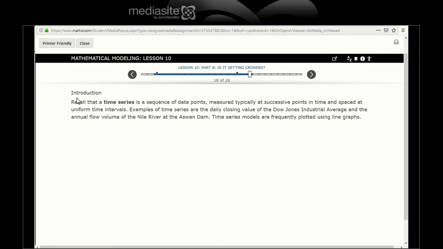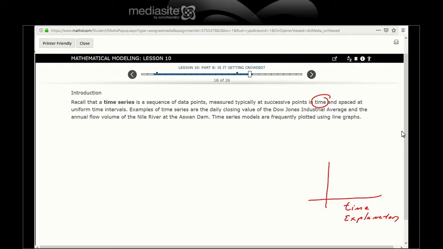We call that a time series: a sequence of data points measured typically at successive points in time. Which means my x-axis, my explanatory variable, is time, and it's based on uniform time intervals.